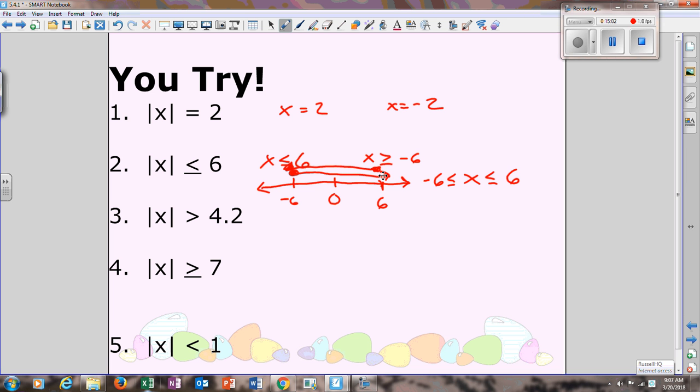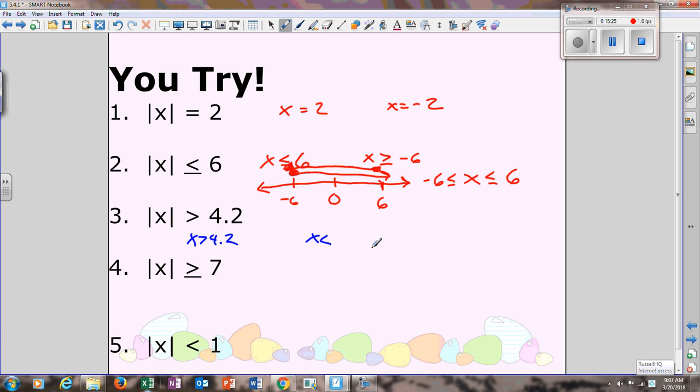Okay. Number 3. Absolute value of x is greater than 4.2. So you can automatically make it x greater than 4.2. Then flip your inequality and make it negative.